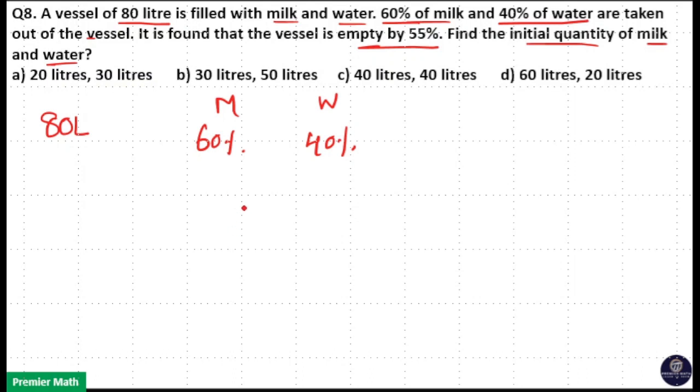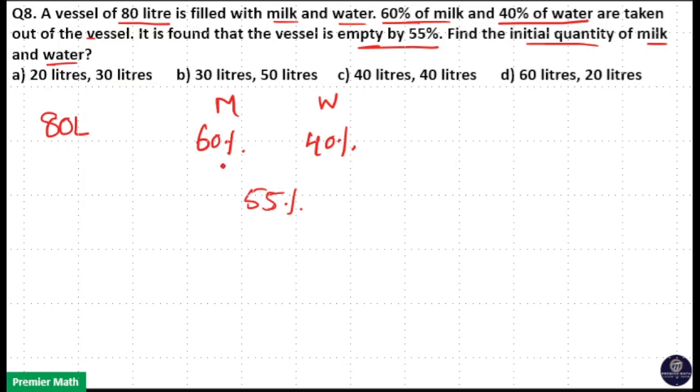So this is an emptying process. After these two processes, the vessel becomes empty by 55%. So these are emptying processes. 60% taken out means emptying the vessel, and 40% taken out means emptying the vessel. Now as a result of these two processes, the vessel becomes empty by 55%.